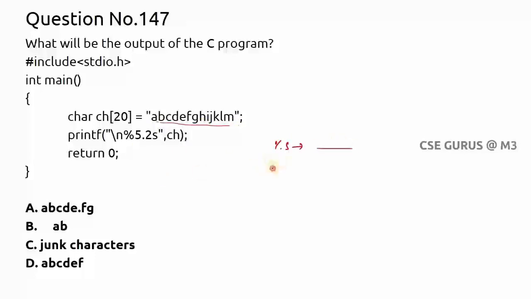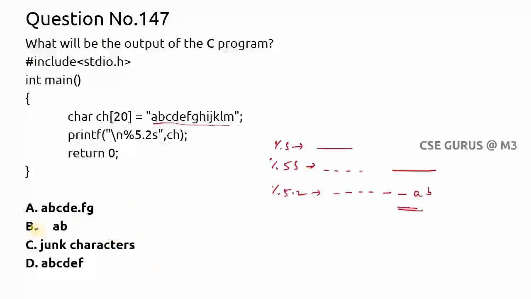Now if I print percent 5s, 5 spaces followed by the string. But if I print percent 5.2, that means 5 spaces followed by only the first 2 characters. What are the first 2 characters? AB. So 5 spaces followed by AB will be your output.